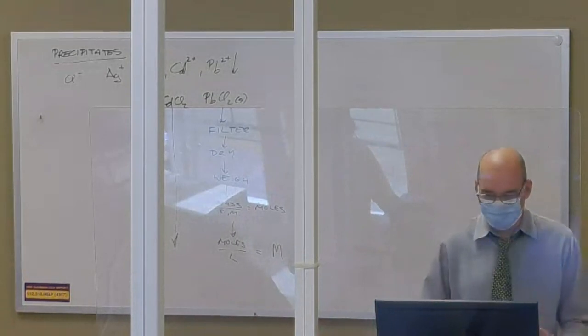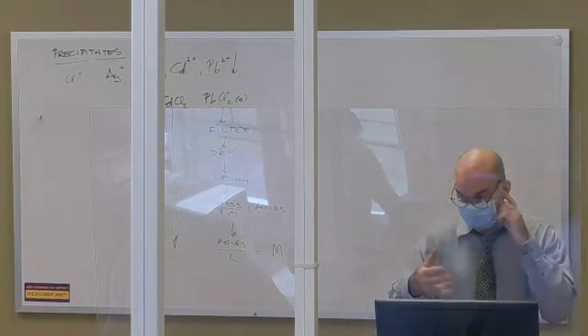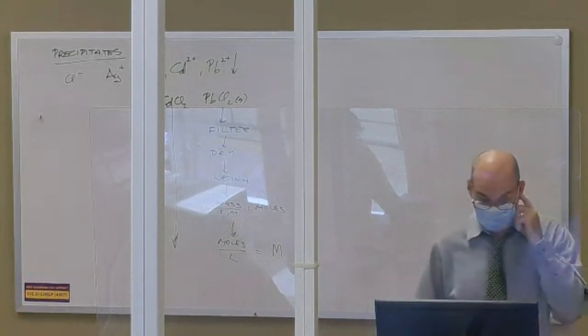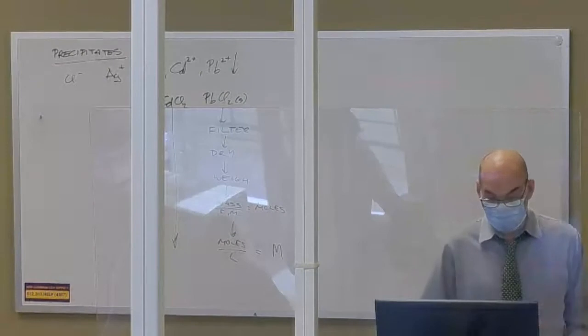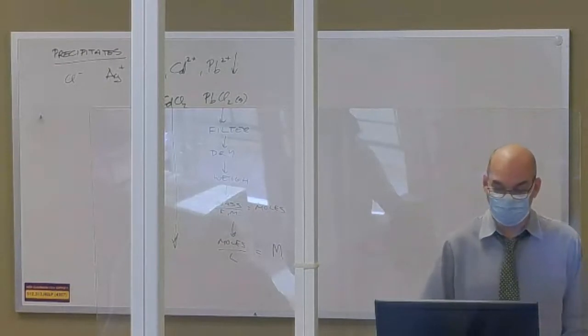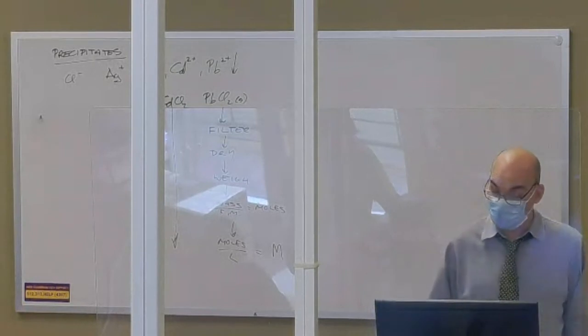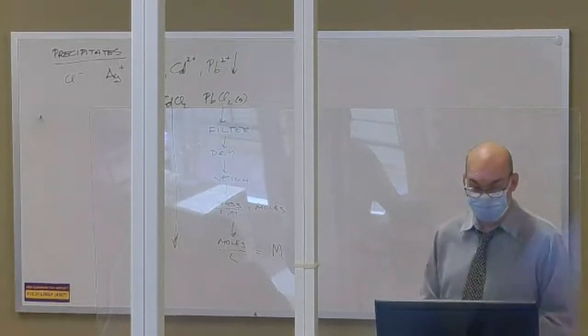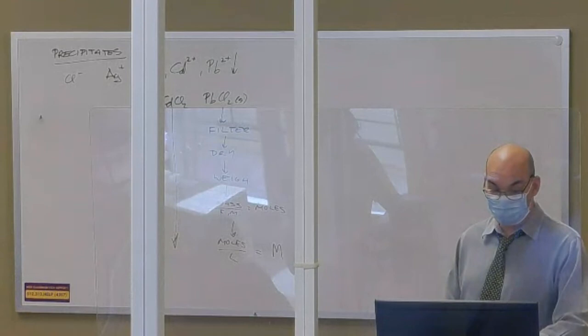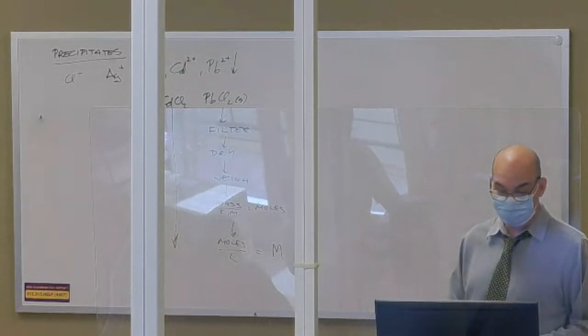I don't even have to finish typing, it's already given me an answer, because it gives me Google suggests. Google suggests that PbCl2 has a Ksp of 1.17 times 10 to the negative 5. Actually, further down the list, it says 1.6 times 10 to the negative 5.